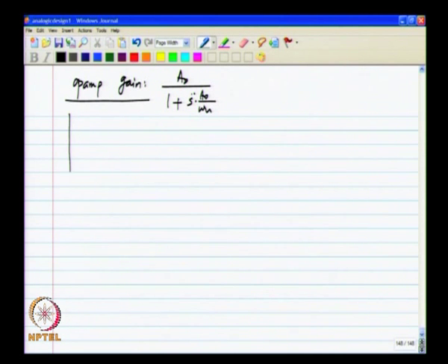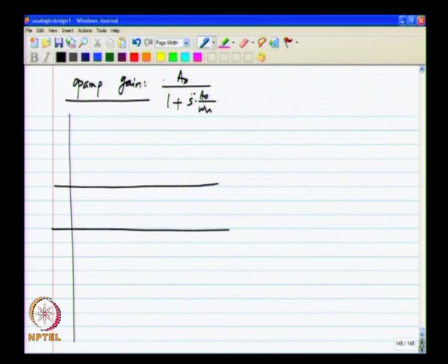Okay. So, I will draw the magnitude and the angle of this one. So, that is how it looks like. Okay.